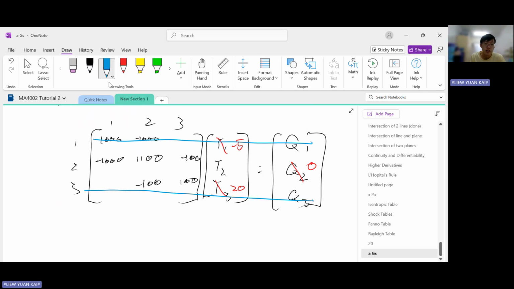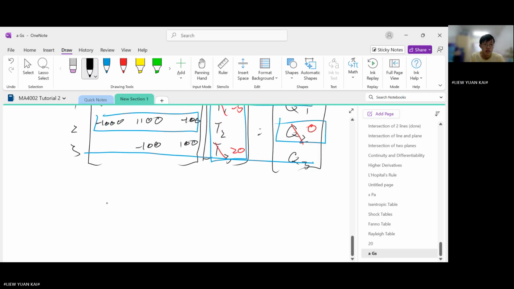Okay, so what we're left with is this dot product with this vector to give this entry. So at the end of the day, what you have is minus 1000, 1100, minus 100, and then the displacement vector.